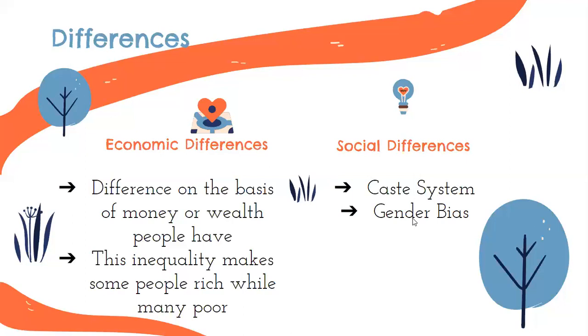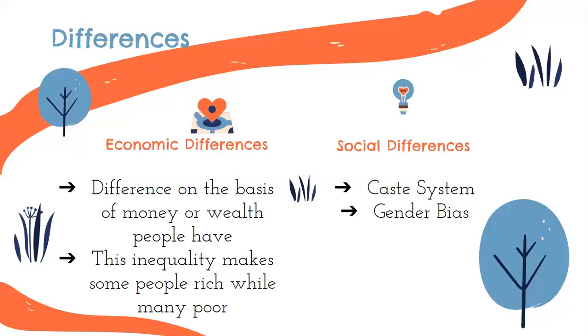So gender has got to do with the difference between the girl child and the boy child. Girls are often treated like a burden, right? In our society, girls have been treated like a burden because it is believed that they do not help in earning anything for the house, and they have to be married off later on, so they have to give a lot of dowry for that as well.